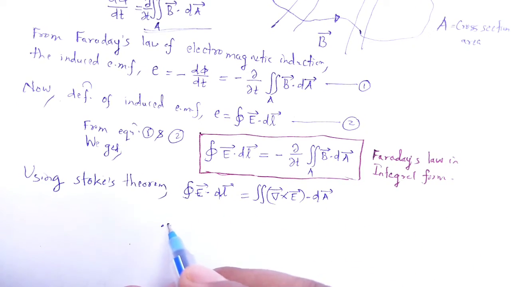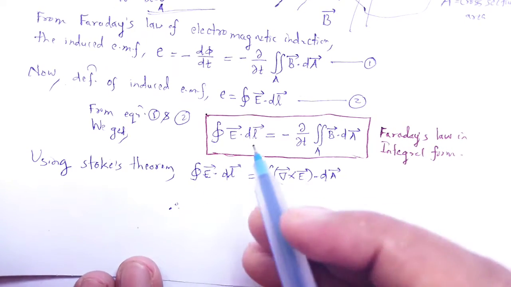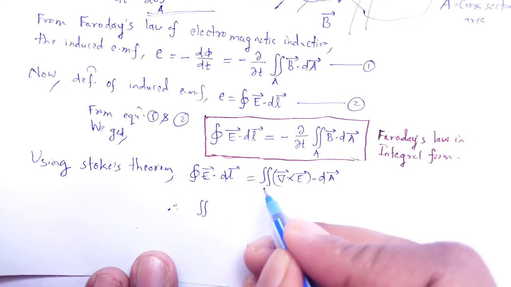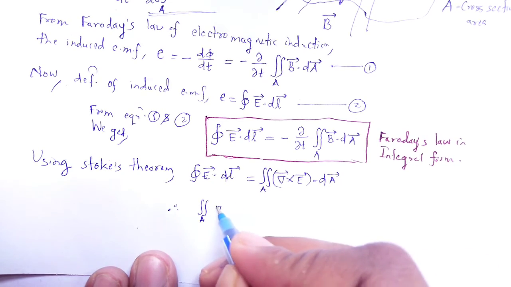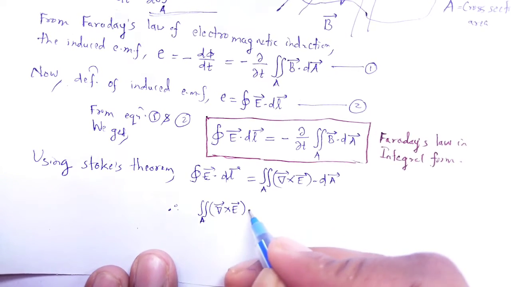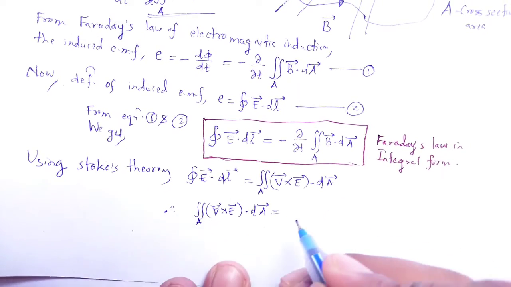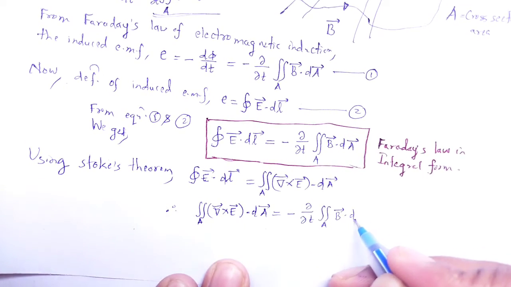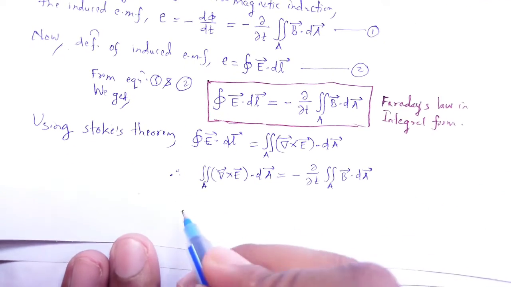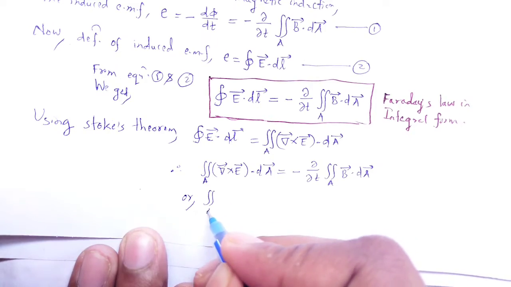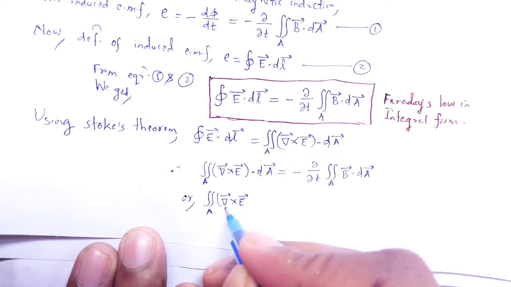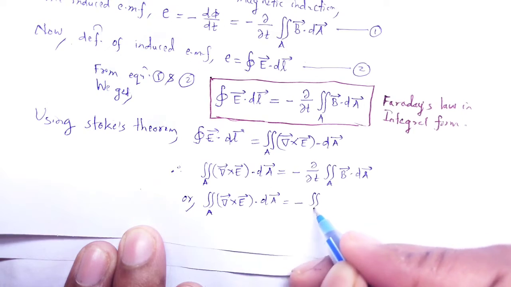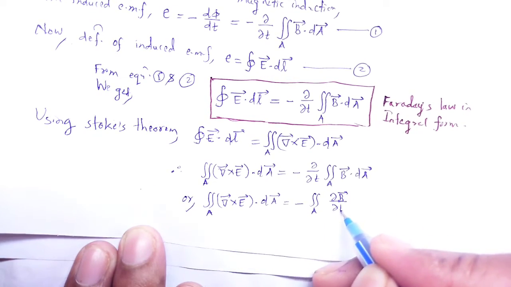Therefore, the surface integral of grad cross E dot dA is equal to minus del by del t of the area integral of B dot dA, or minus the area integral of del B by del t dot dA.